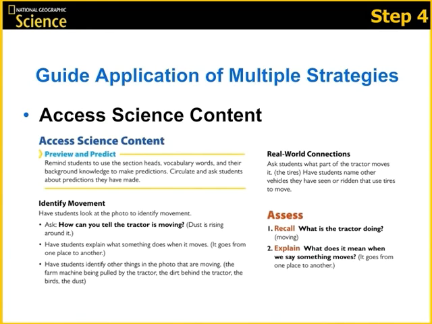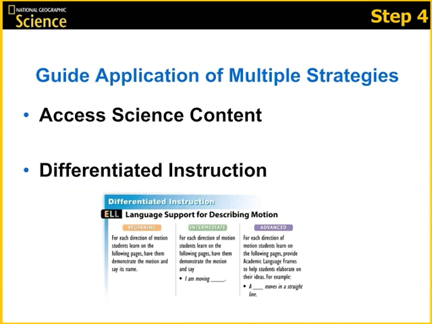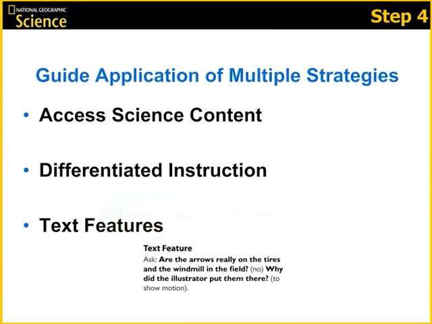Notice the reading strategies are built in right along with science content instruction, and opportunities to assess are also included. Differentiated instruction options are provided here as well. And as well as making real-world connections, students also focus on different text features.